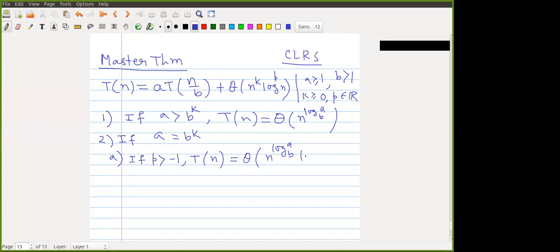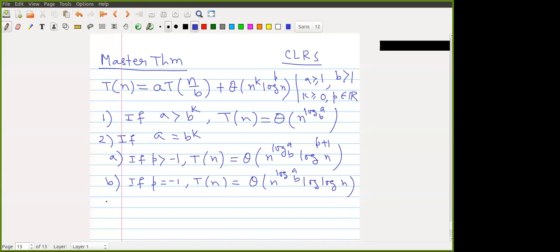If a is equal to b to the power k, then if p is greater than -1, T(n) is theta of n to the power log a base b times log n to the power p plus 1. If p is equal to -1, then T(n) is theta of n to the power log a base b times log log n.